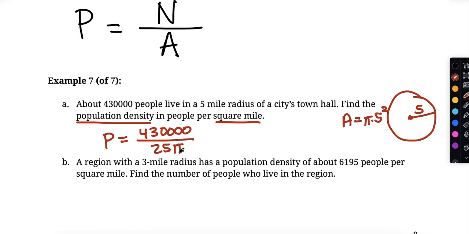Now, when you type this into your calculator to find what P is, well, first of all, you could leave this exact, that'd be fine. But when you do this, you want to take 430,000 and you either want to put parentheses around your 25 pi, which gives us a population density of 5,474.9 people.